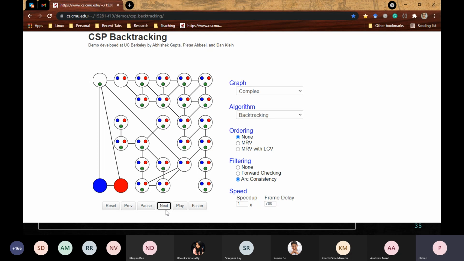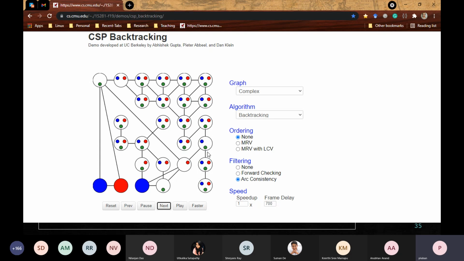So you see, arc consistency can look ahead in a better way than forward checking. And as a result, let us see what will happen. So let us assign blue here. So if we assign blue here, the blue will be gone from here. And as we have red here, this node is constrained to have blue and green. So you can see the difference between forward checking and arc consistency.